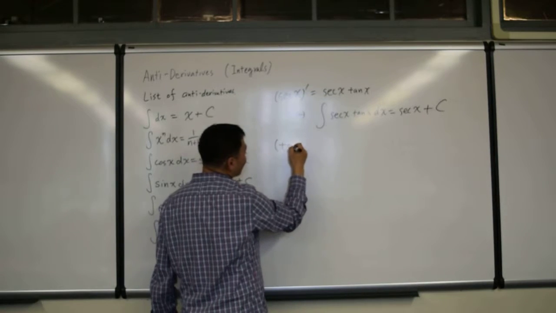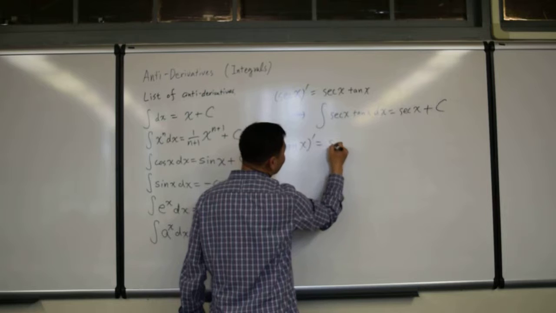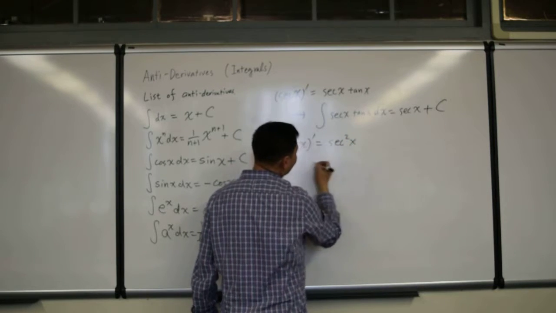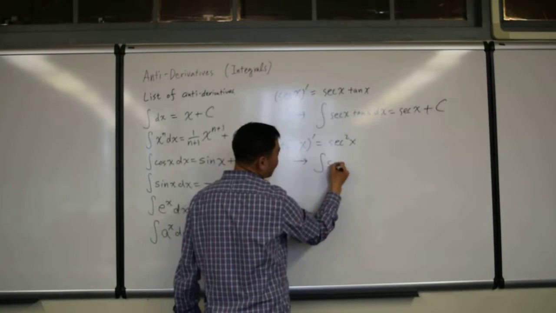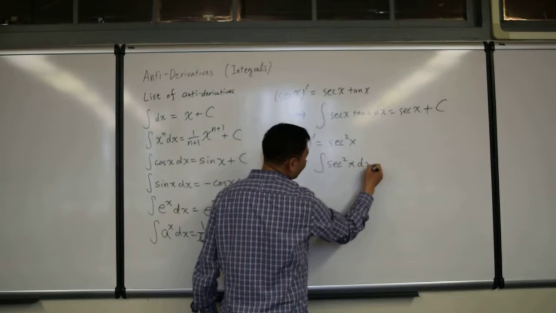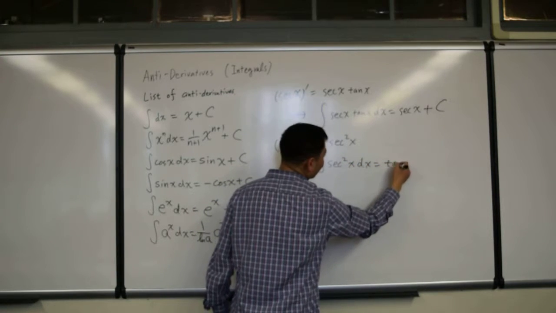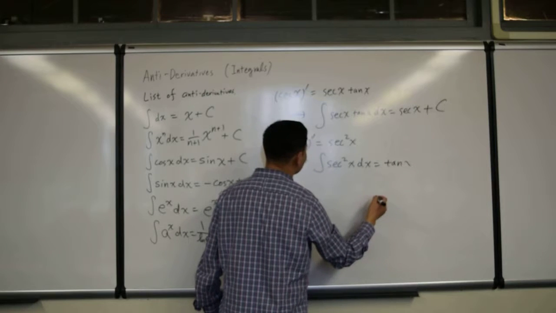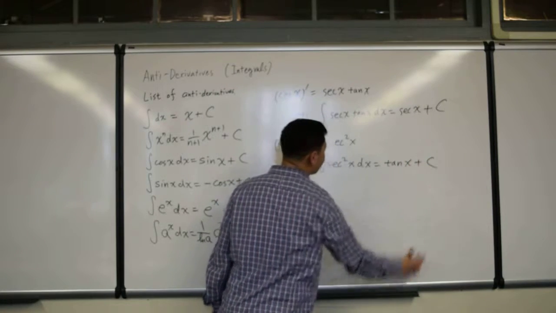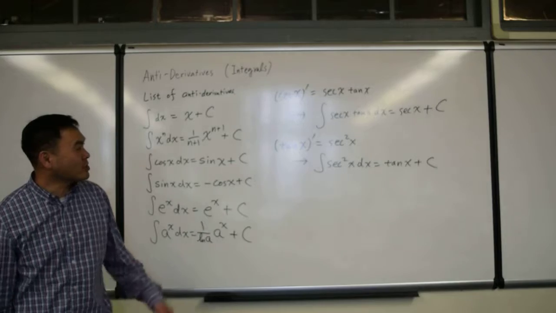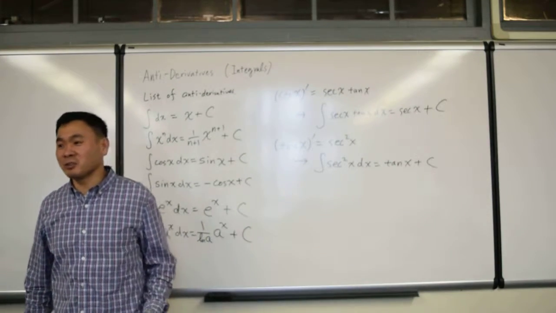Another thing is tangent of x differentiates to secant squared of x. So that means integration of secant squared of x dx is tangent of x. Yeah, but what's the integral of tangent of x? That's a completely different story.